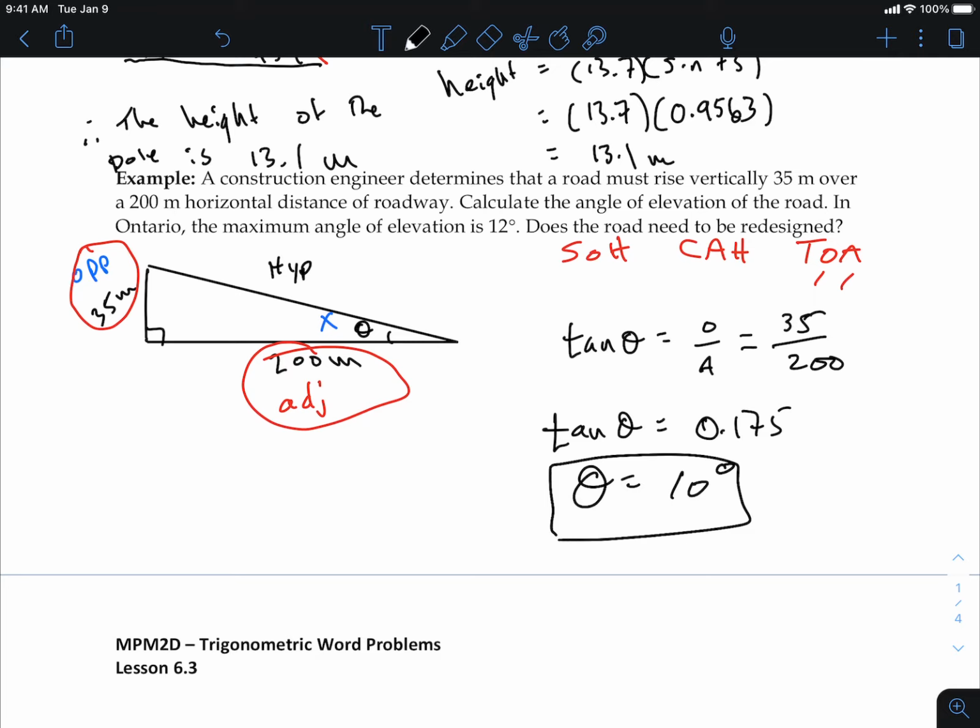If it's more than 12, what's going to happen? Like, say in the winter, are you ever going to get your car up it? No. That's probably why it's a maximum, right? And it probably changes from area to area based on weather. Right? So yes, we'll say the road is to code.